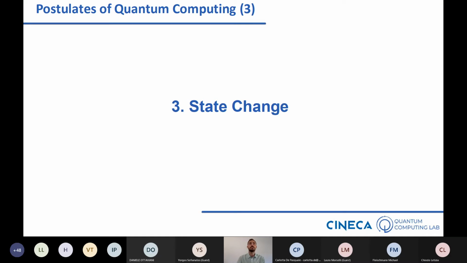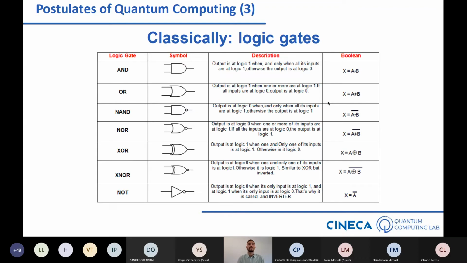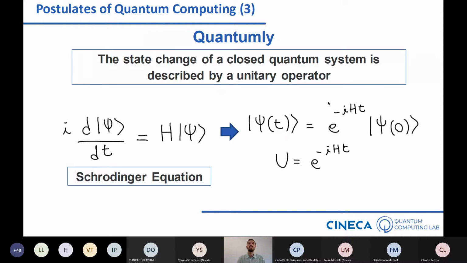Okay, so the third postulate is state change. What does it mean? It means how you can vary your state. Classically, you can vary the state of bits by applying logic gates. Quantumly, the evolution, so the state change in a closed quantum system, is described by a unitary operator.